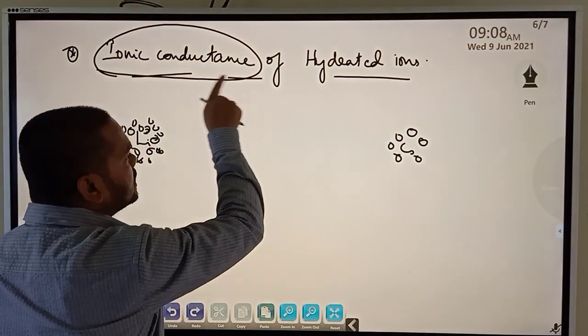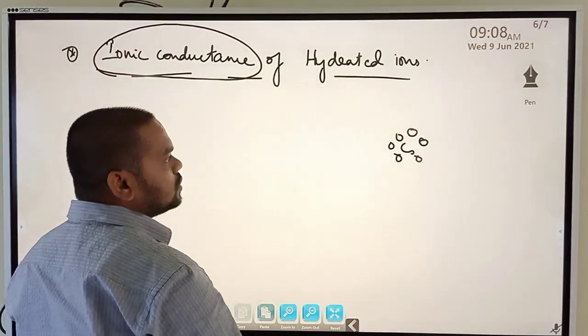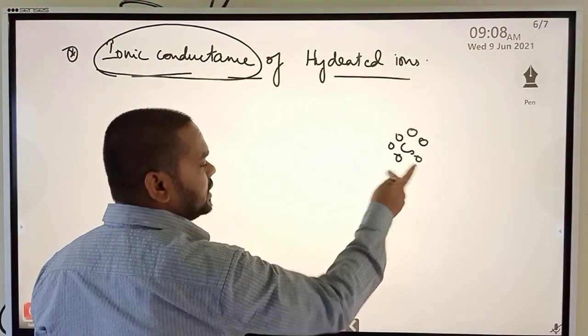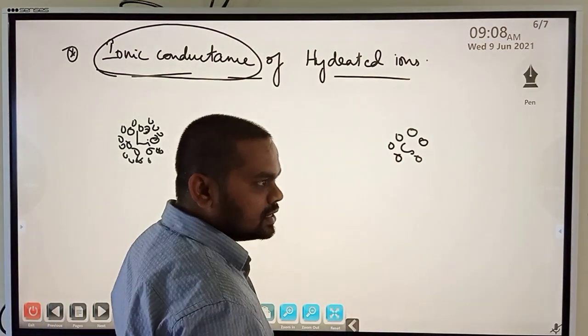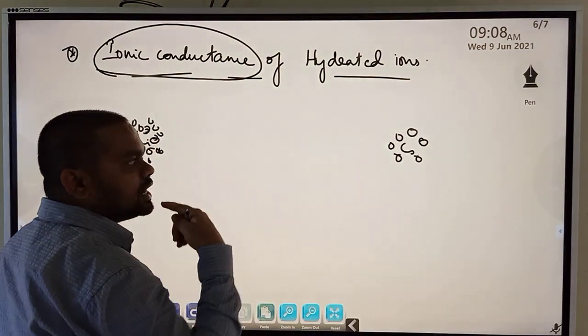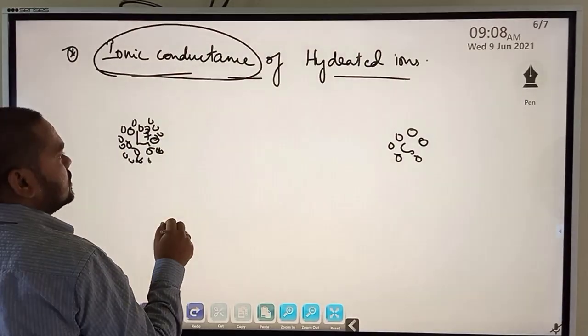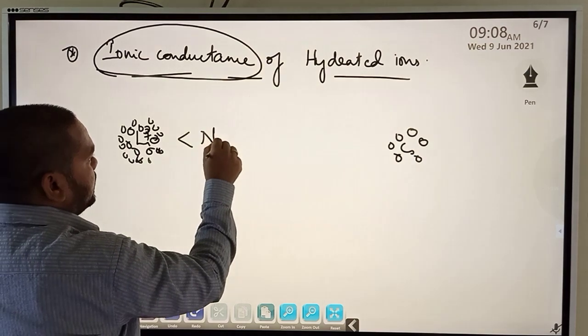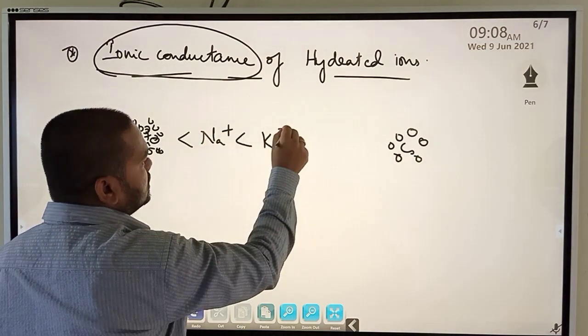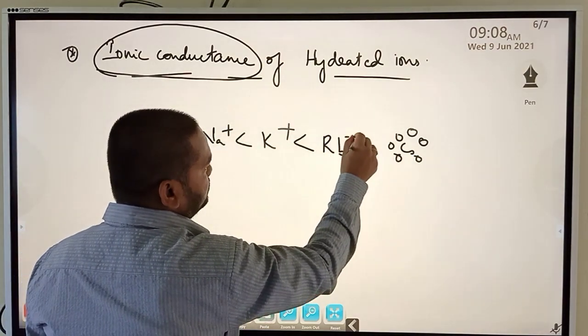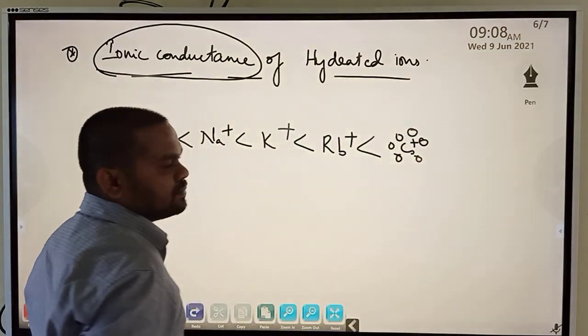So when you talk about conductance, which is the better conductor? Cesium. In case of hydrated ions, remember this, conductivity is greater for cesium and least for Li+, followed by Na+, K+, Rb+, and then Cs+.